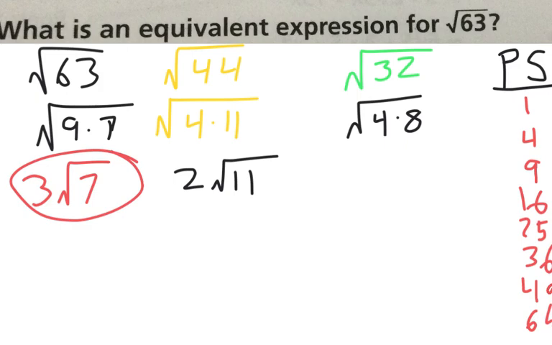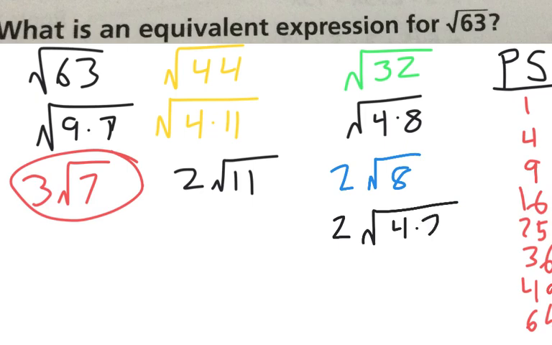That'd be 2, so the square root of 4 is 2, and you're left with radical 8. But if you do it this way, you're going to have to check again. Can I write 8 as a perfect square times a number? You can. You could write it as 4 times 2. So this 2 is out front, and then 8 is 4 times 2.